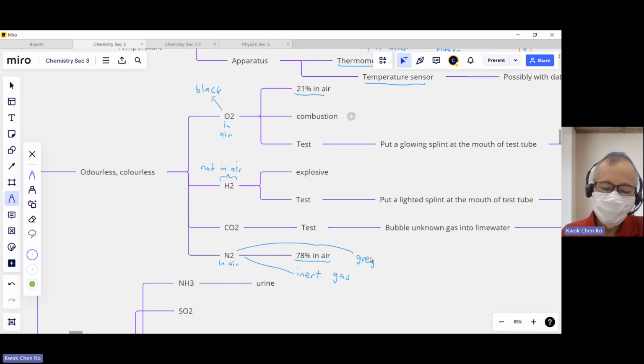But again, it's not part of the syllabus to remember the colors. However, the other things are part of the syllabus, like an inert gas, explosive, yes, this one. Please remember that. And of course, in real life, you will learn to respect hydrogen gas. It's highly dangerous.